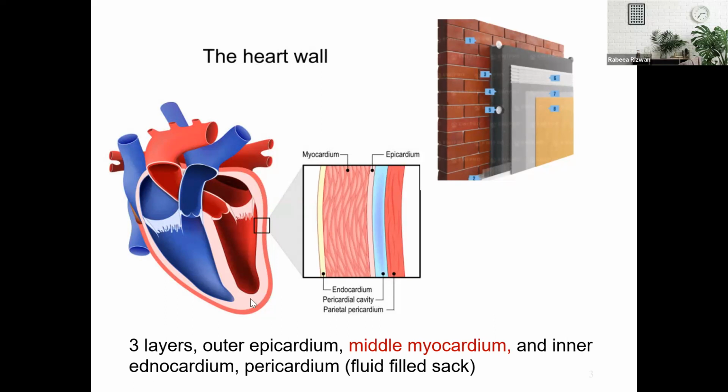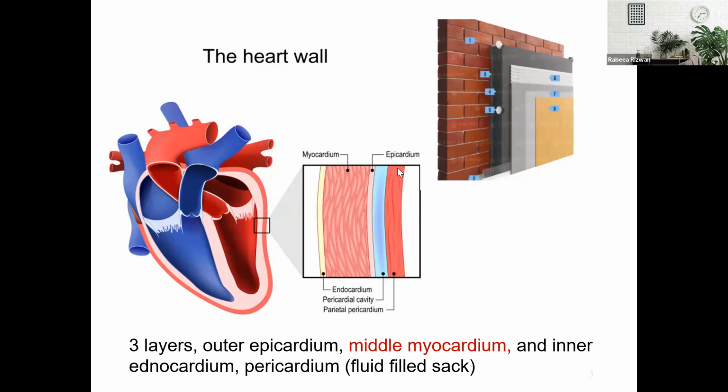The heart is conical in shape, and from outside it appears composed of one layer. But when we go into detail, microscopically and by dissecting it longitudinally, it is composed of three layers.